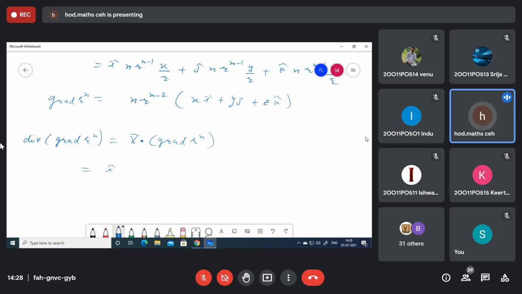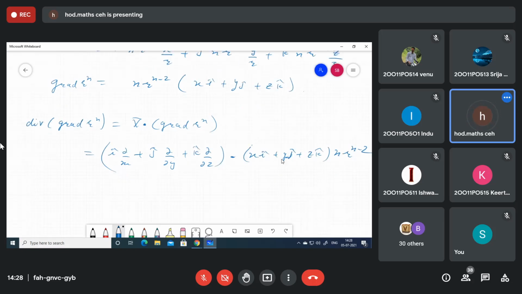So del means i ∂/∂x plus j ∂/∂y plus k ∂/∂z, dot gradient of r. Gradient of r is this thing: n into x i plus y j plus z k, into n into r to the power n minus 2.